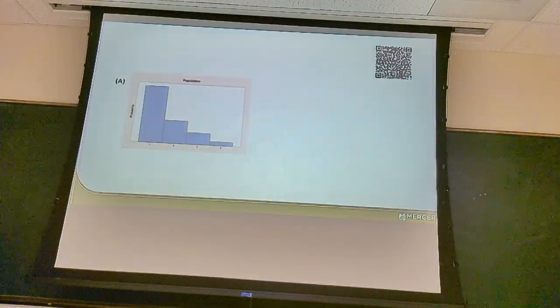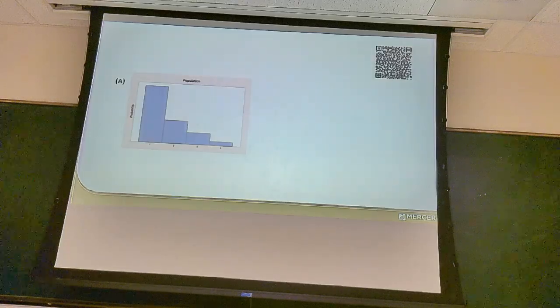This graph is giving us a population. This histogram represents some population, and we can see it is definitely not normal. In fact, it is very right skewed.